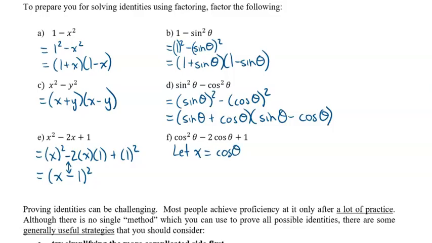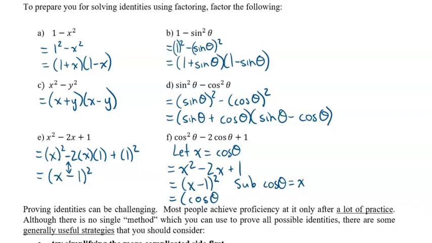And if you let x equal cos theta, then it's equal to x squared minus 2x plus 1. Well, now we can go ahead and factor that, just like we did in part E: x minus 1 squared. And now you can sub cos theta equals x back in. And so we get cos theta minus 1 all squared.